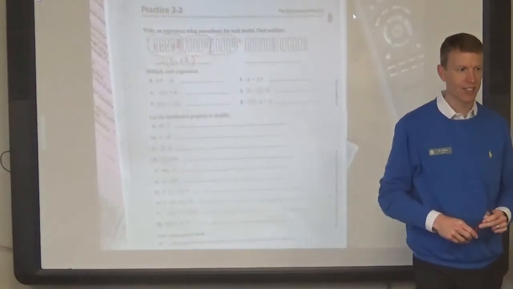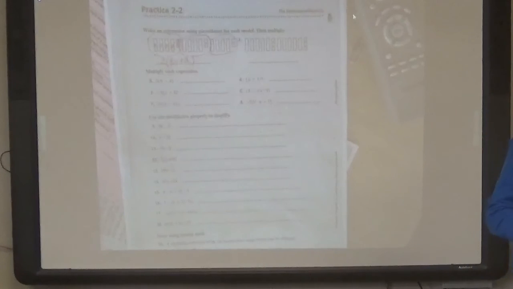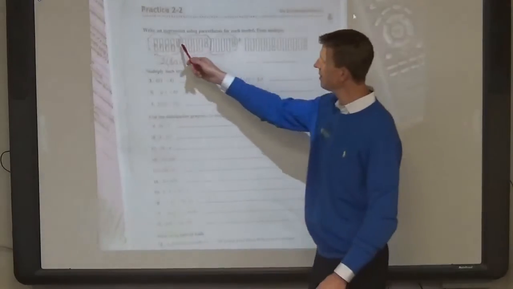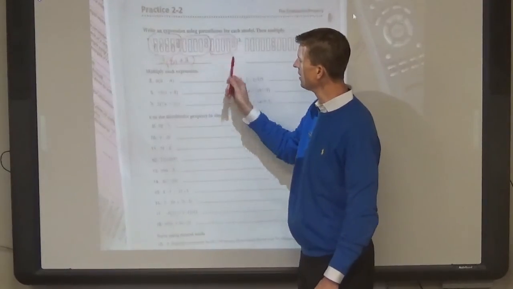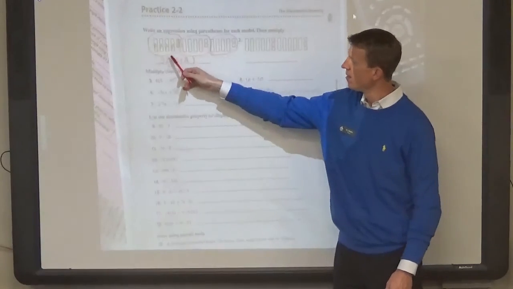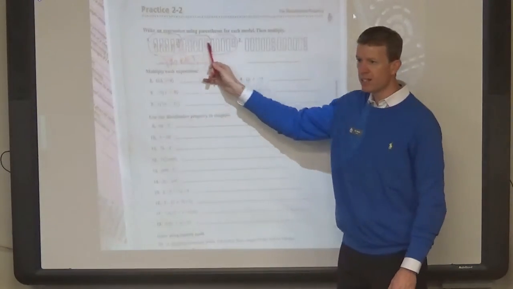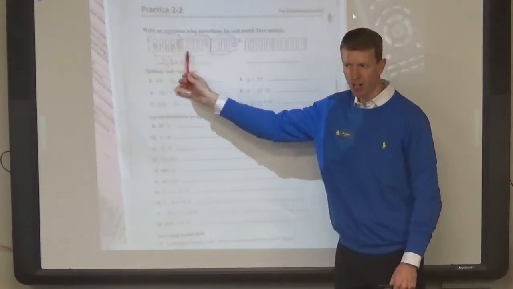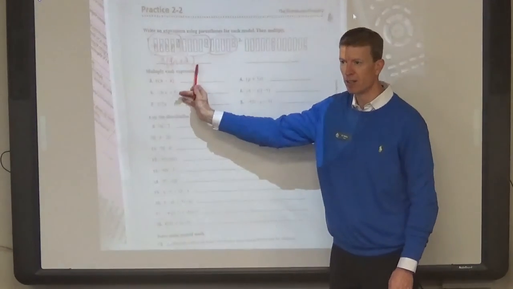Well, 3 times 2 would be 6. And if you counted them up, you would get 6. 1, 2, 3, 4, 5, 6. So this expression explains this model, or this model explains this expression.